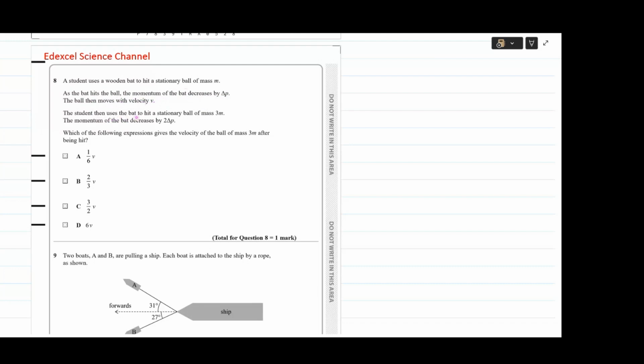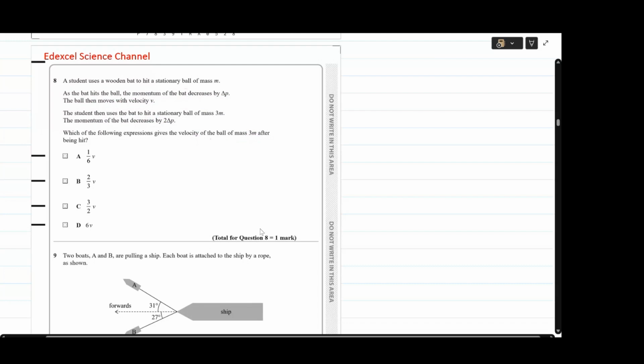The student then uses the bat to hit a stationary ball of mass 3m. The momentum of the bat decreases by 2 delta p. Which one of the following expressions gives the velocity of the ball of mass 3m after being hit?